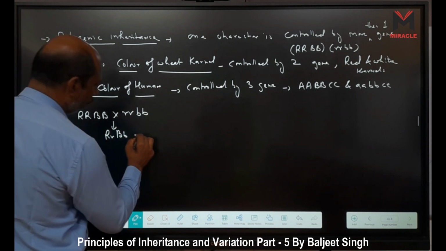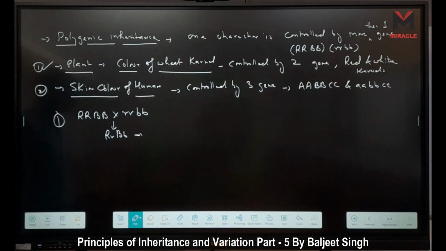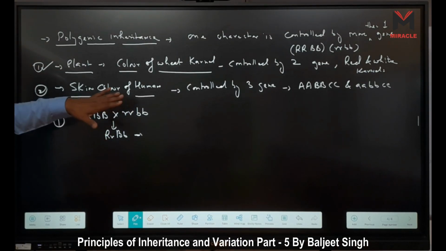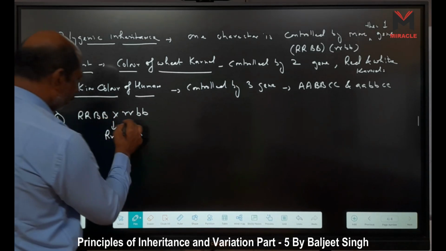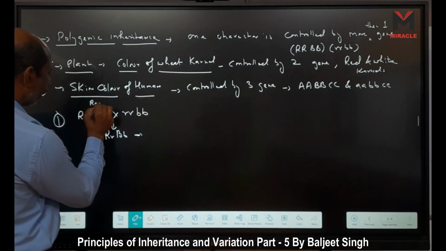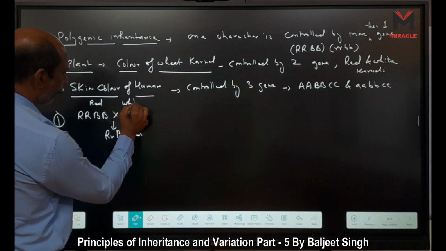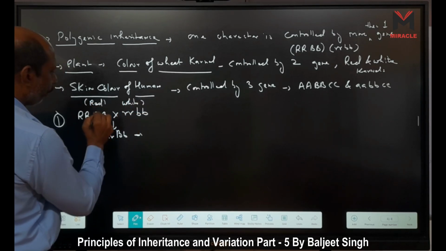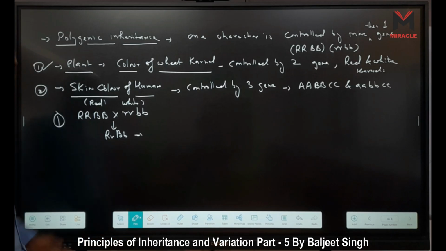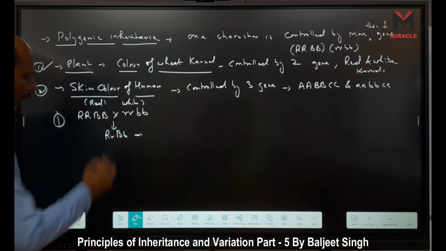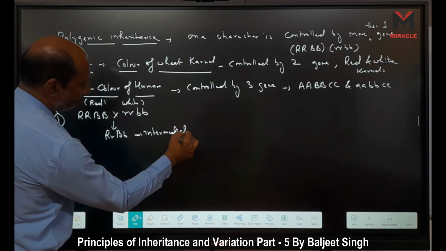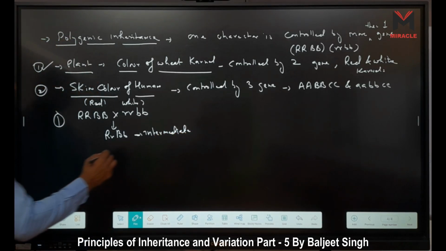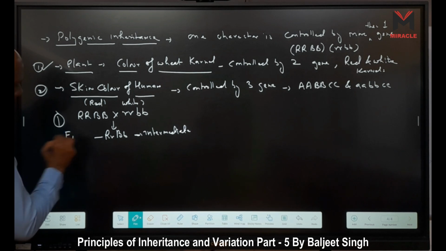Here all these are intermediate. We cannot say this one is red and this one is white, right? Only one trait is there, because one trait is controlled by more than one gene, that is 2 genes, right? We get intermediate color in F1 generation.